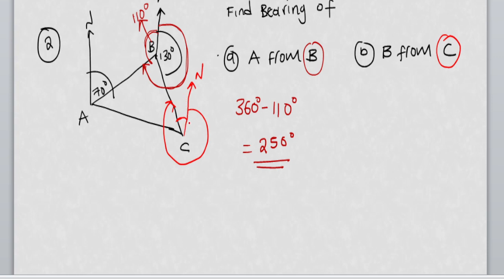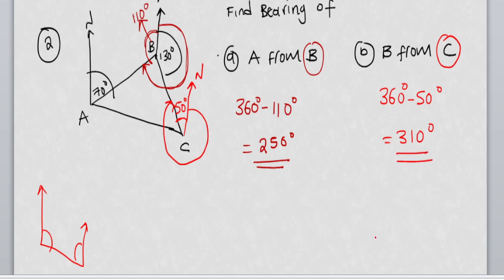Remember, angles in this form, where we have a north and a north, add up to 180. So 180 minus 130 is 50. Then 360 subtract 50 degrees gives 310 degrees. This is the three-figured bearing that we find.